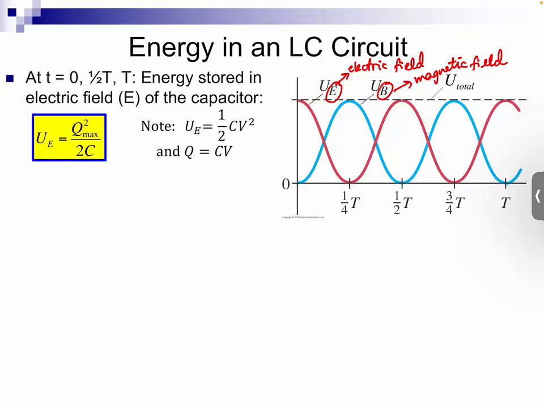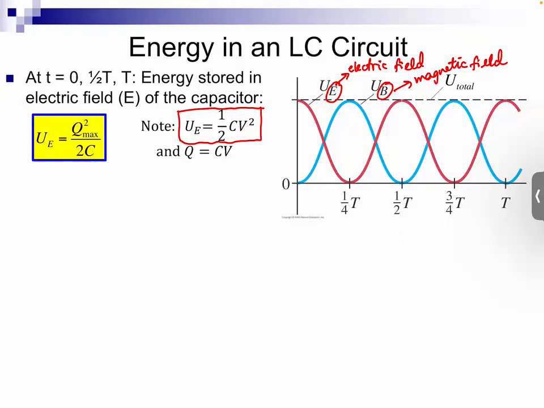Okay. In terms of the equations, if we want to quantify how much energy is stored, we recall that for a capacitor, the energy stored is 1/2 CV squared. C is the capacitance of the capacitor, V is the voltage across its plates.